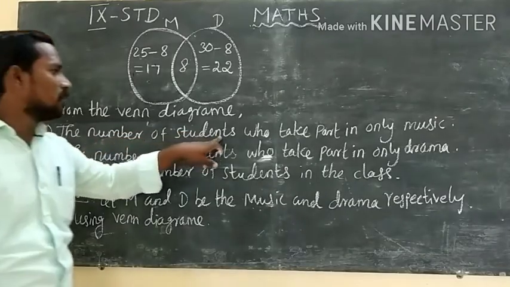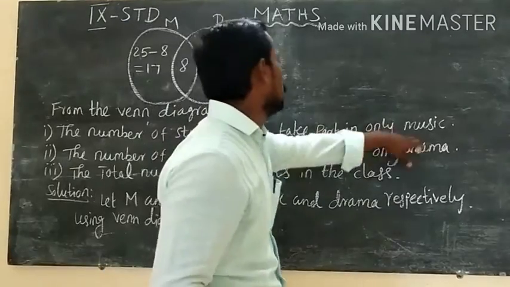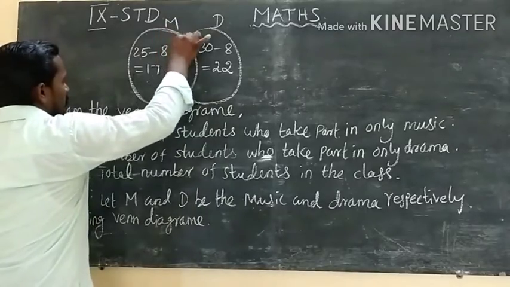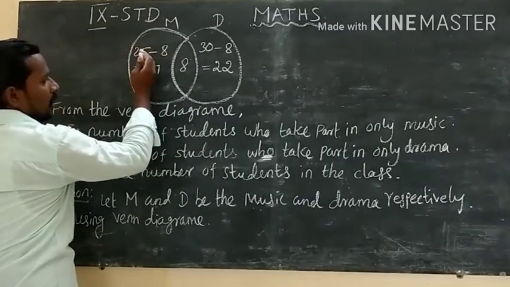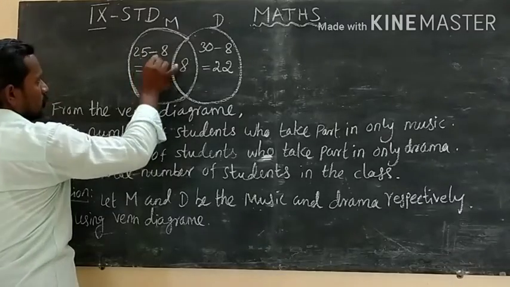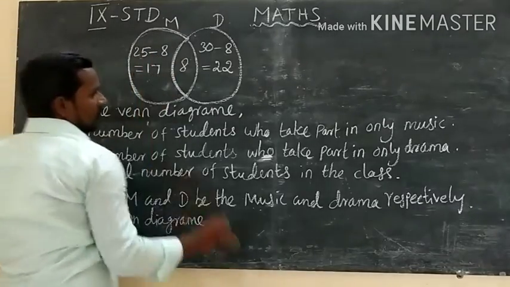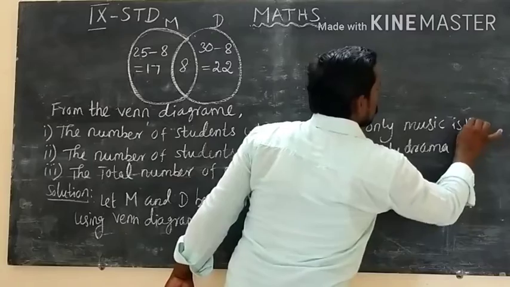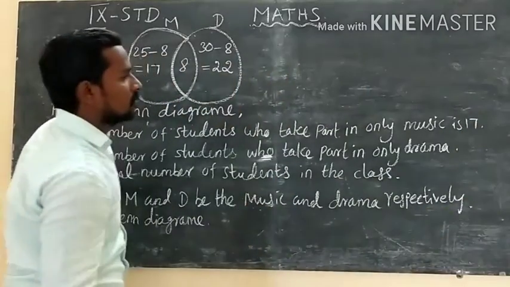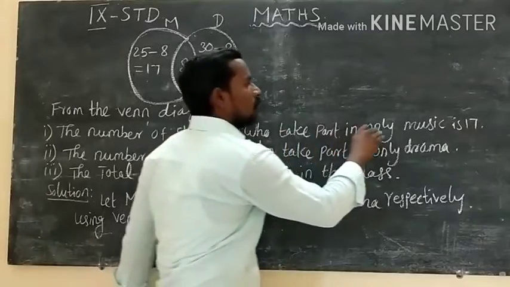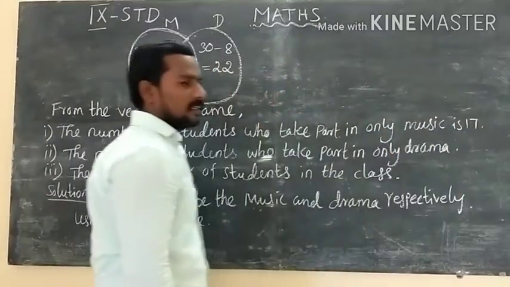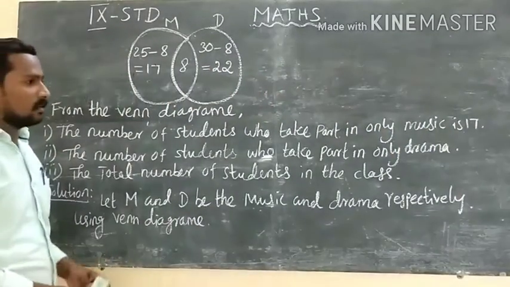Only music represents this region only, so music-only students are 17. This is your answer. Once again, take and write: the number of students who take part in only music is 17.